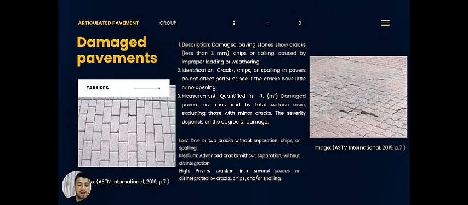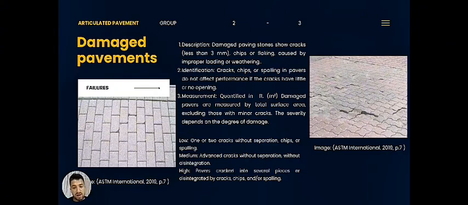The mesh pavement. The distress in the mesh pavement stones shows cracks, chips, or flaking caused by improper locking, rotation, imperfection, crack shapes, or spalling, which do not affect performance if the cracks have no layering or opening.